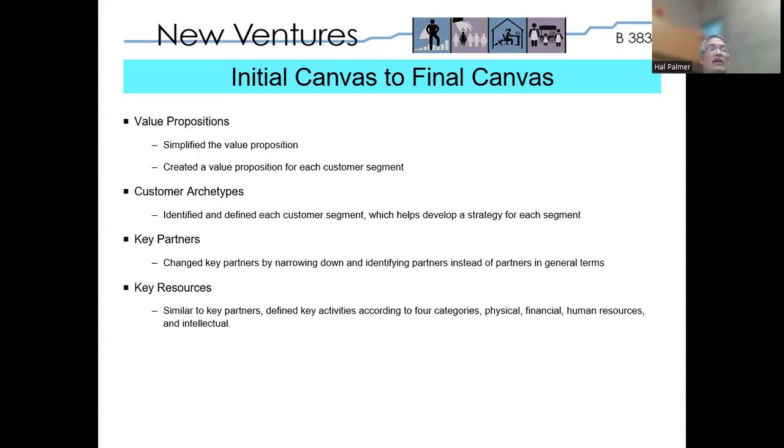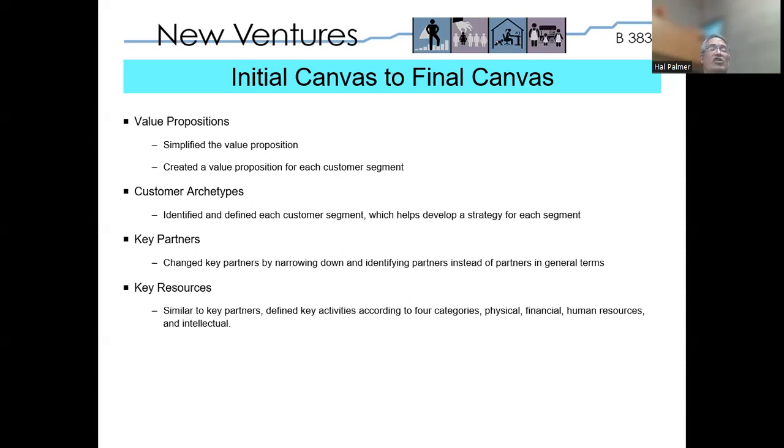We created a value proposition for each customer segment. Our customer archetypes at first we didn't have identified very well, but since then we've identified and defined each customer segment, which helps us develop a strategy for each segment.